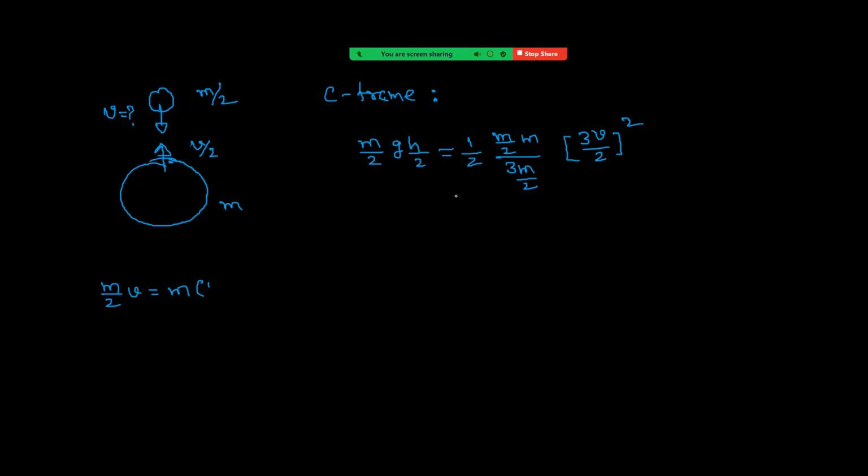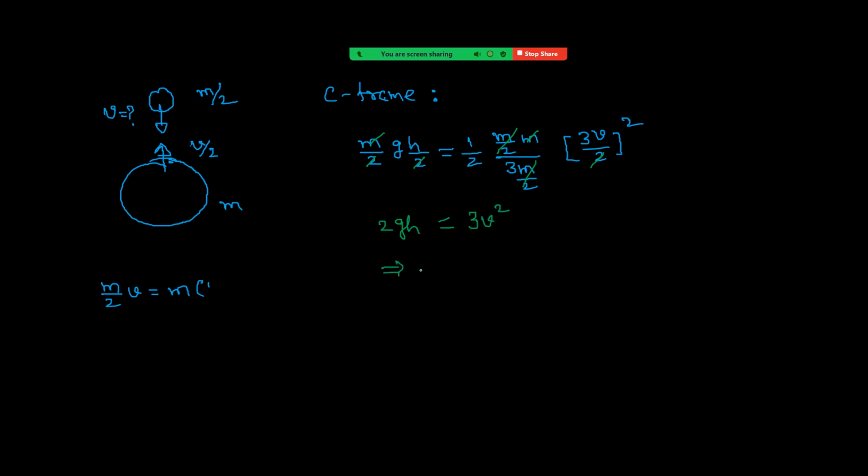Remaining calculation part, see carefully. M by 2 gets cancelled. Mass m and m get cancelled. 1, 2 left here. Now what is left: 2 square, 4; 2 and 2 cancel. Remaining is 2 left here, 2gh, that is equal to 3 square, and 1 3 left here, 3v square.